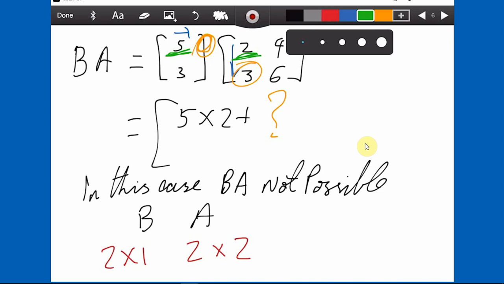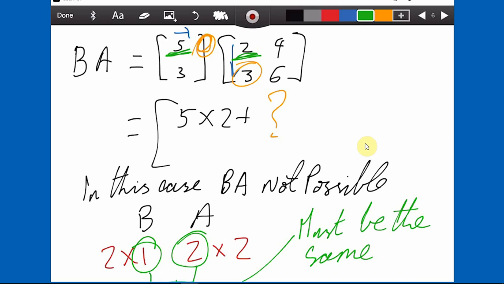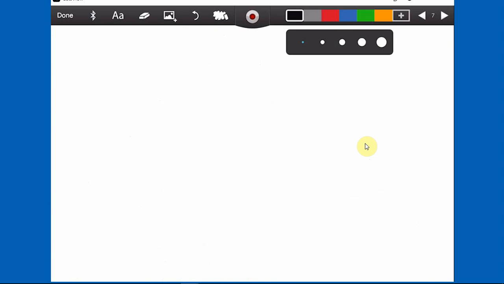So the key thing here is look at these numbers. These numbers are different. So that's why we can't multiply in this case. And so those two numbers there must be the same, or we can't multiply. All right, so I'm just going to write that down.